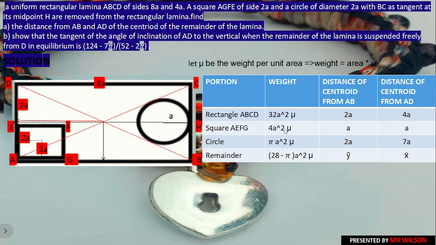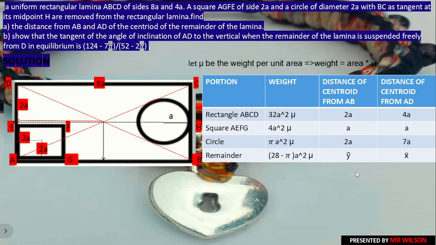You add the weight of the square and the circle, and therefore you subtract from the weight of the rectangle, because the remaining portion is there when you remove the circle and the square from the whole body. Do we get it? Okay, so with that, you now get the weight of the remaining portion to be equal to 28 minus pi into A squared mu.